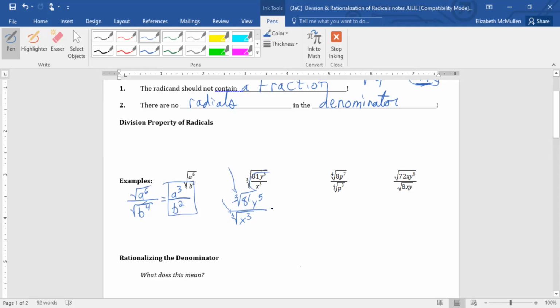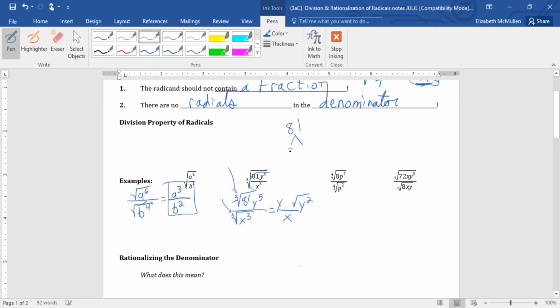All right, next. Let's see if we can break this sucker apart. Well, the cubed root of x cubed, we know that one's x. And then the cubed root of y to the 5th, well, I'm going to have a y come out, and then a y squared stay in. Let's see about this 81. What can we do to break that down?